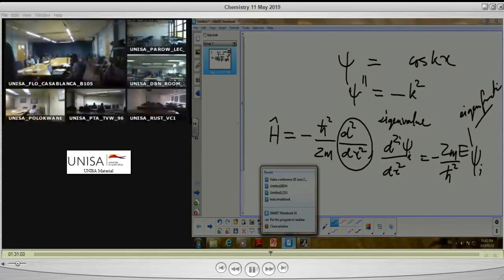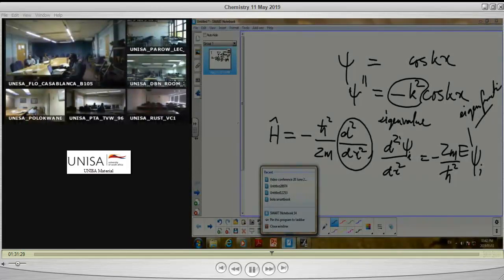saying? This is saying that this is your eigenvalue, which is the same as that, because we subjected both to the same operator.